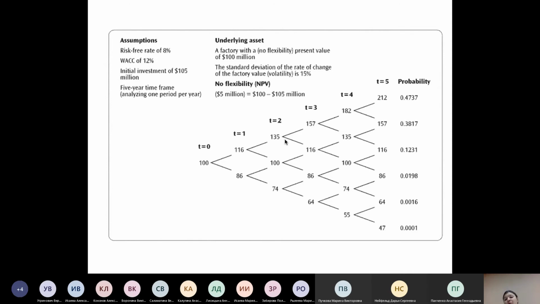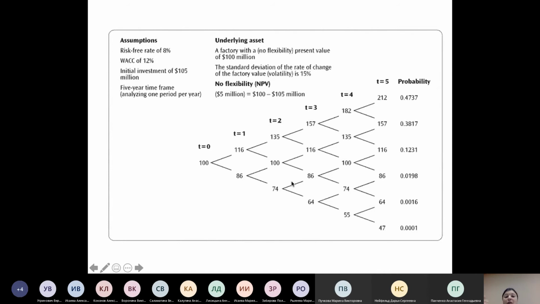If after the first year we receive the downward movement, the decrease, it will be 116 multiplied by 0.86.